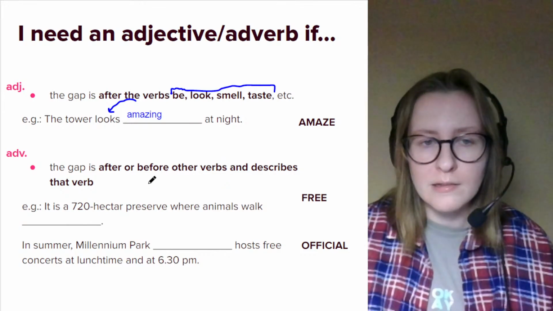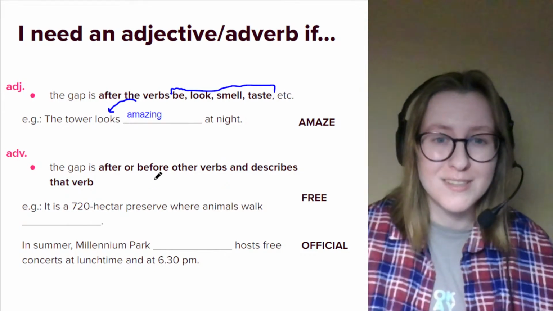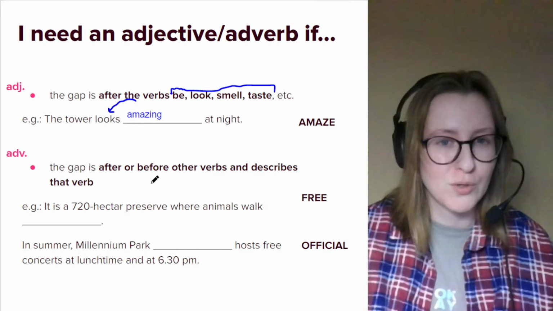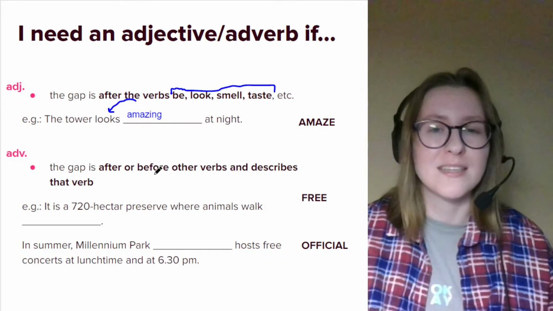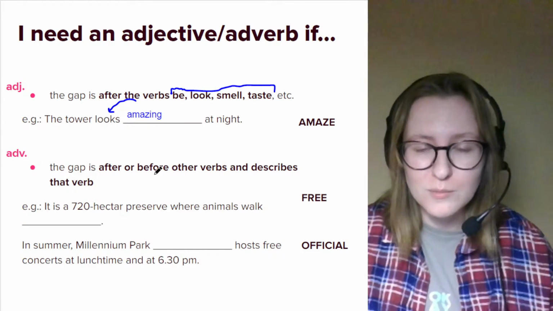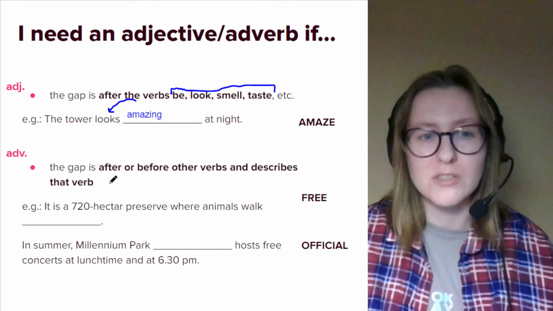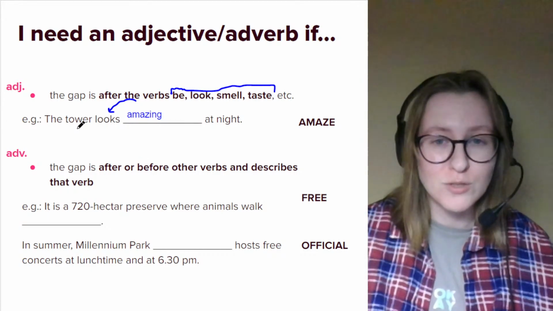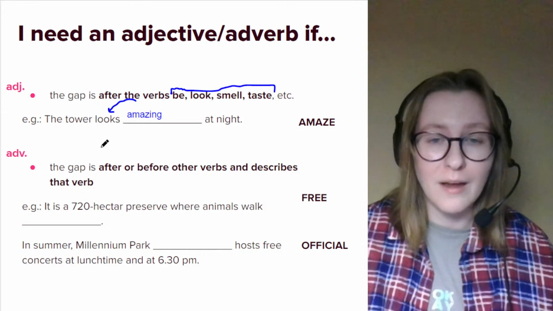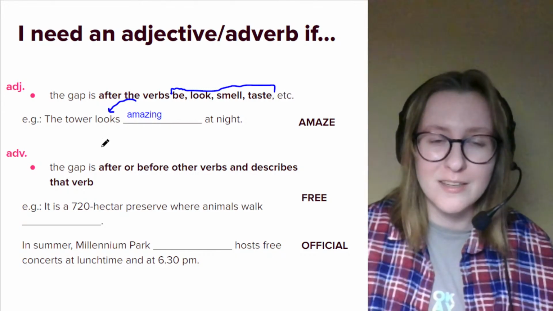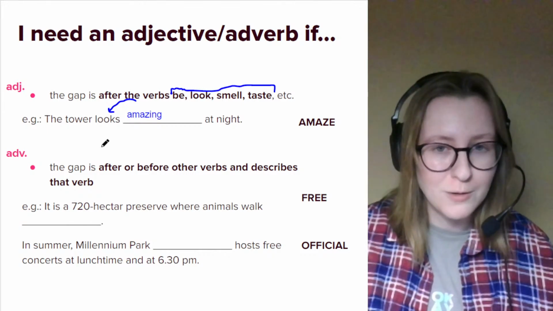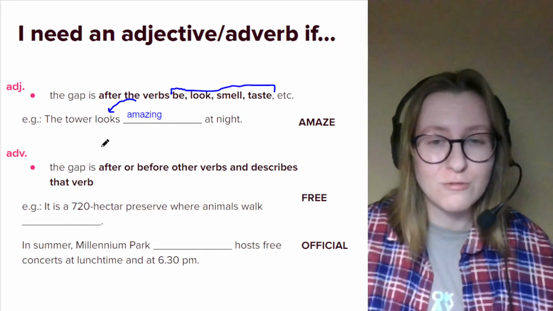And guys, here I'd like to draw your attention to the fact that if you're used to completing these exercises by translating sentences, you are going to make a mistake here, right? Because if we translate this into Russian, we would need an adverb, right? But I cannot get tired of saying that English and Russian languages are very different, right?